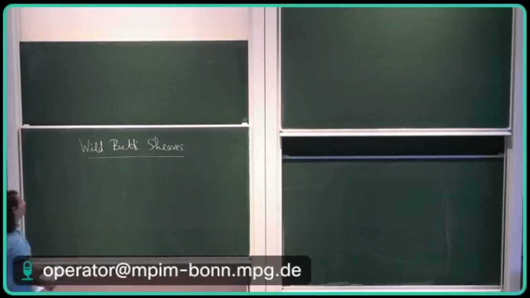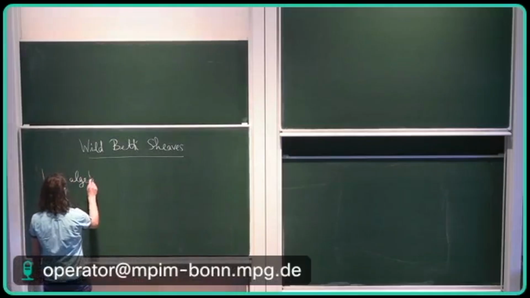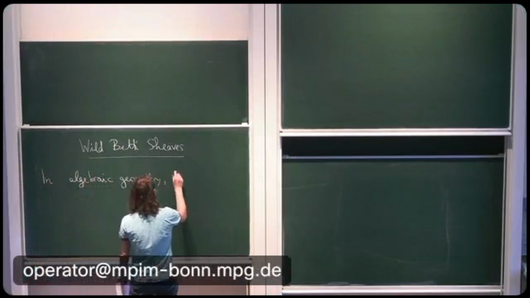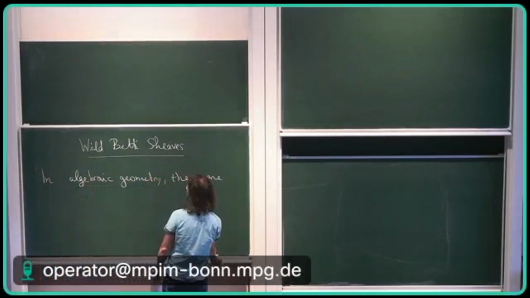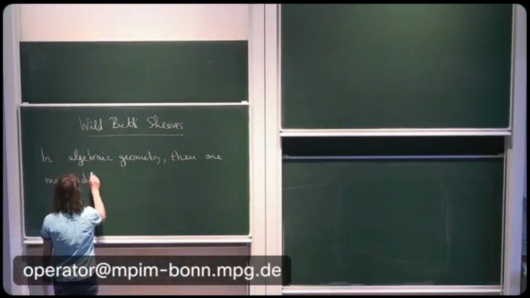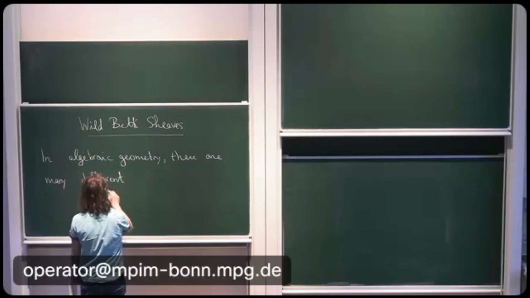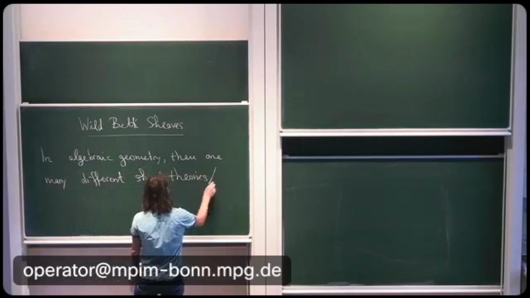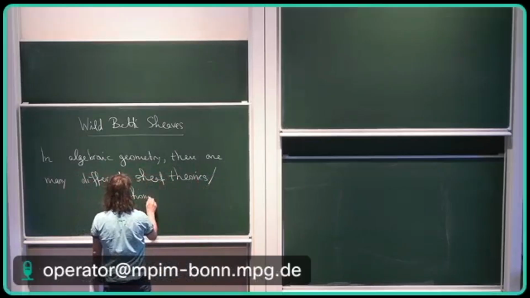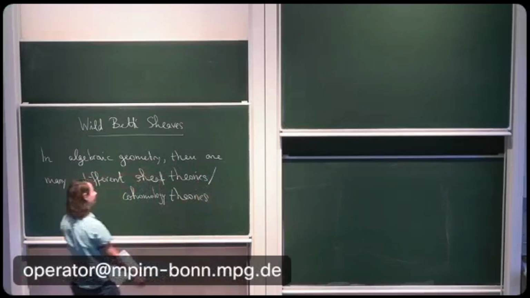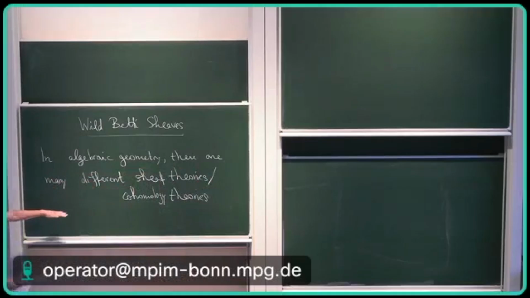So I want to talk about a small paper I wrote called Wild Betti sheaves. And so what is this paper about? So in algebraic geometry, there are many different sheaf theories, or like corresponding cohomology theories, which in many ways behave quite similarly, but in some ways don't.